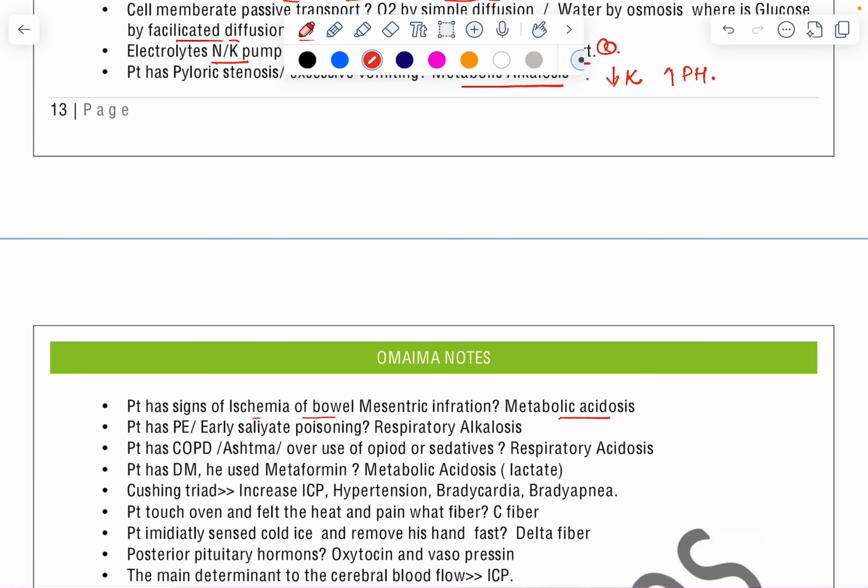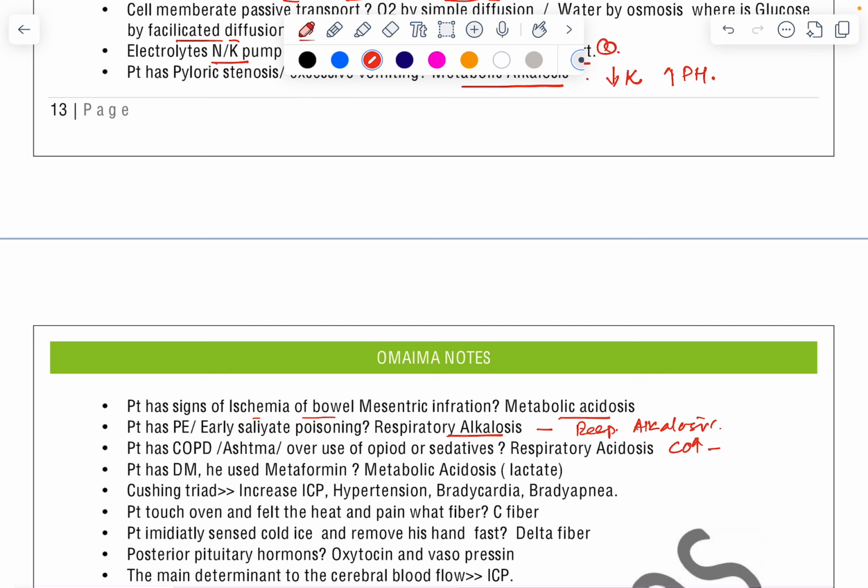Pulmonary embolism: respiratory alkalosis, hyperventilation because of hypoxia. COPD, asthma, opioid poisoning: respiratory acidosis. CO2 is increased, retention is there, and compensatory bicarbonate is increased.